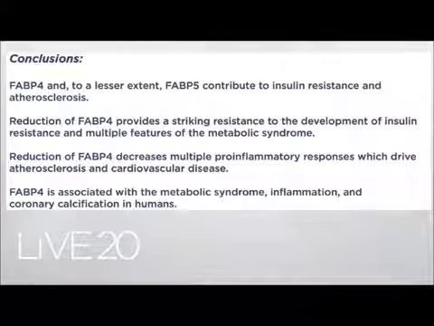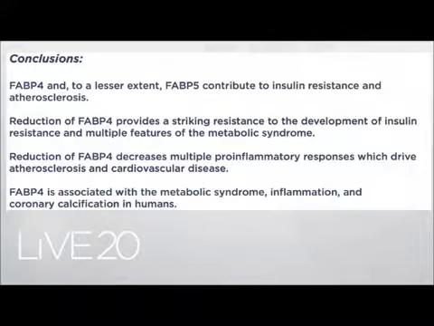All right, that's powerful. In this paper, they could lower FABP4 by genetic manipulations, things that we can't do to ourselves, but we can do to animals in a lab, and it provided resistance to metabolic syndrome. And at the bottom there, FABP4 is associated with metabolic syndrome, inflammation, coronary calcification in humans.